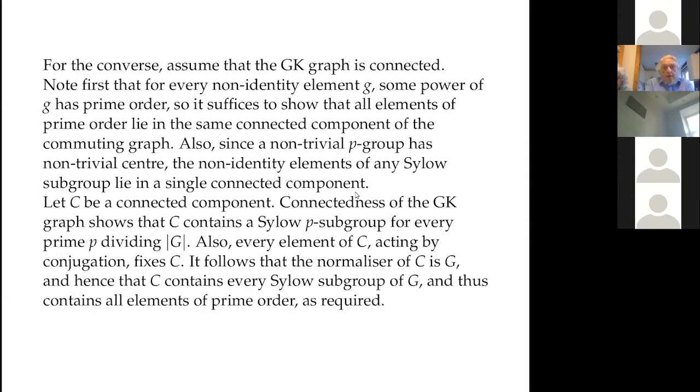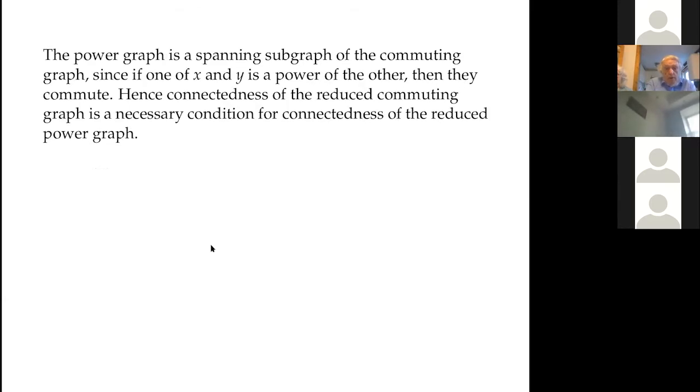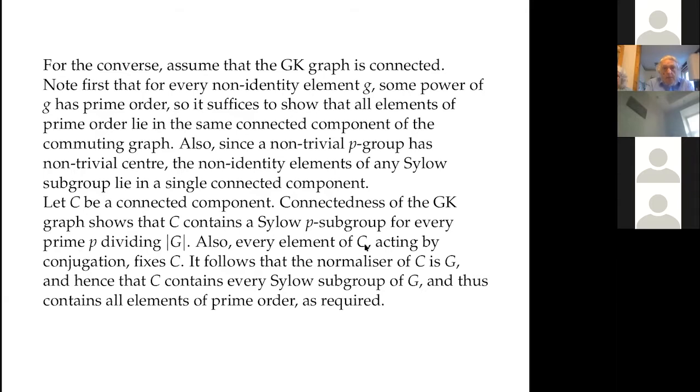Now, the connectedness of the Gruenberg-Kegel graph shows that this connected component does contain a Sylow P-subgroup for every prime P dividing the order of the group. And now, if you take an element of C and let it act by conjugation, it fixes C because it commutes with itself, it commutes with all its neighbors, and so it fixes them, and then you work your way out.